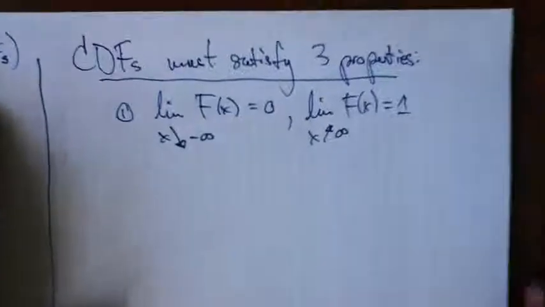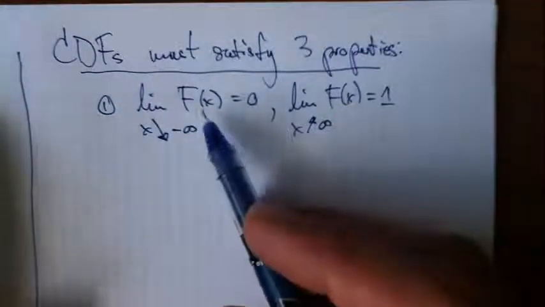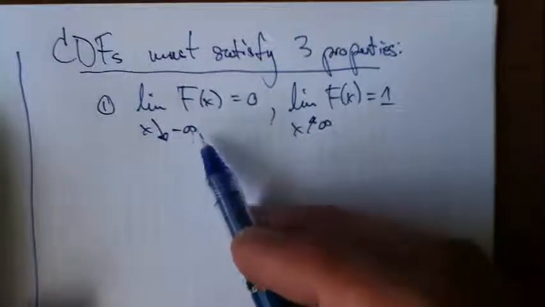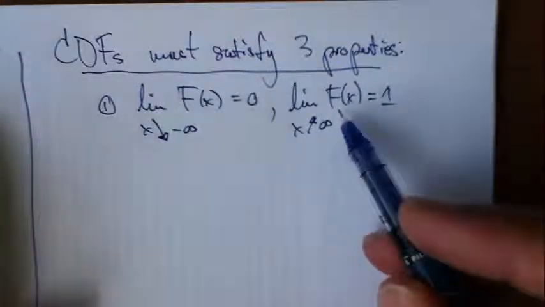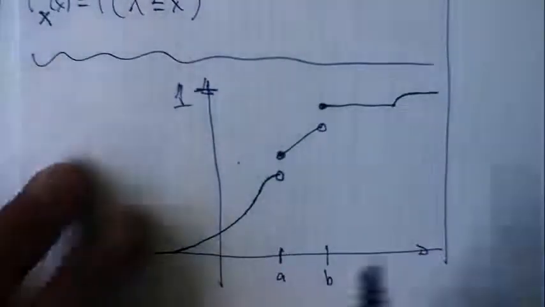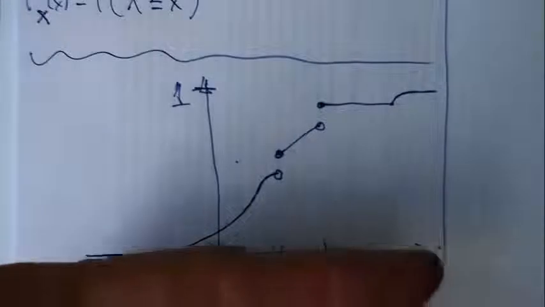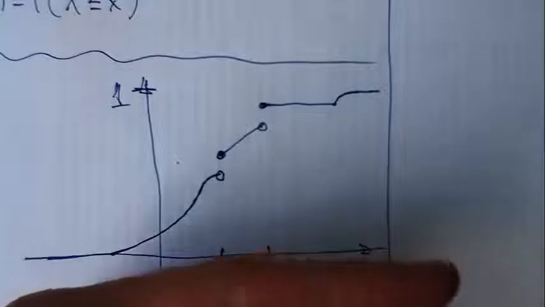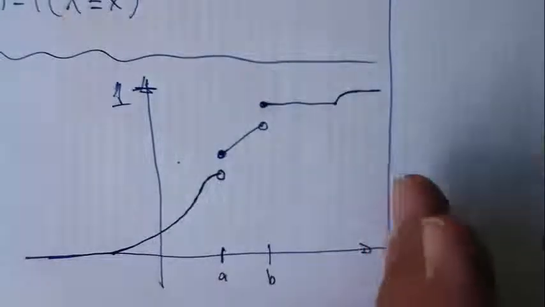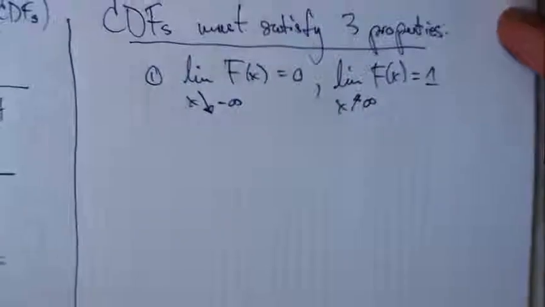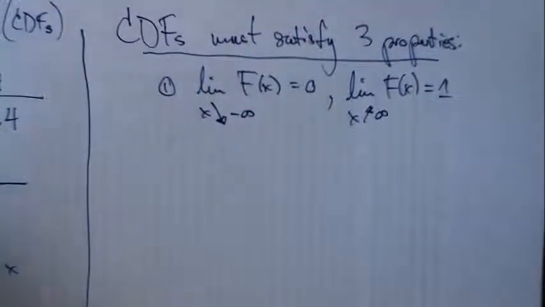Makes sense if you think about it. The chance that this random variable falls to the left of some mark way off at negative infinity is going to be pretty small. And as I move farther and farther to the right, this function is increasing and increasing. The chance that the random variable takes on a value less than or equal to some mark way off to the right has got to be pretty high. So these are properties that we need these functions to satisfy.